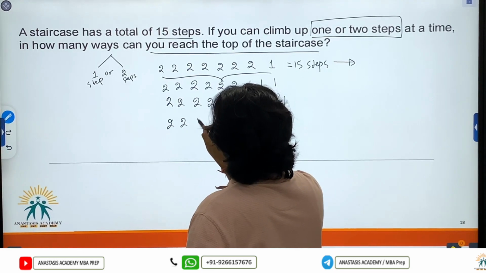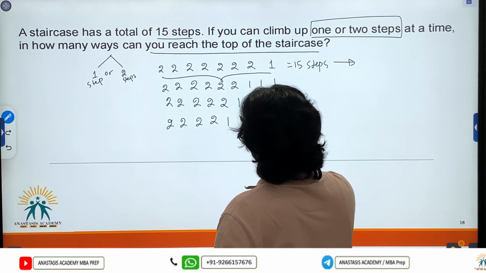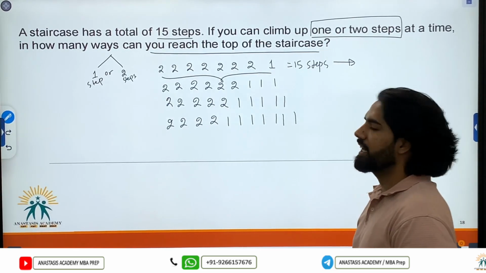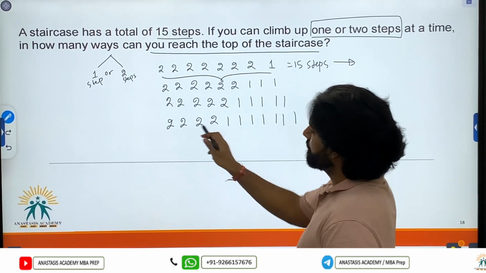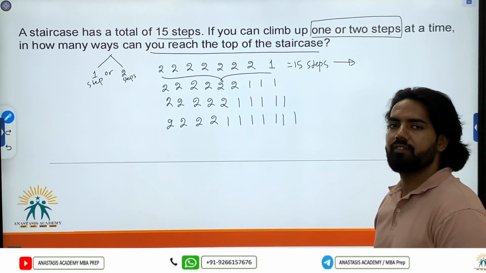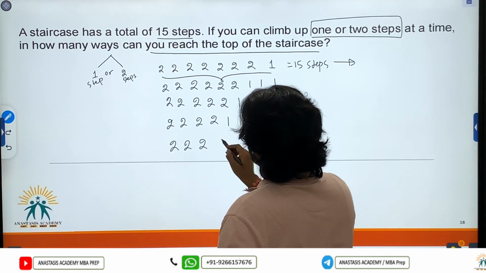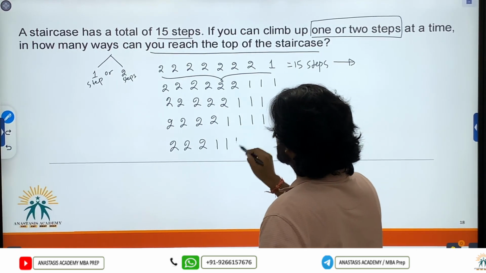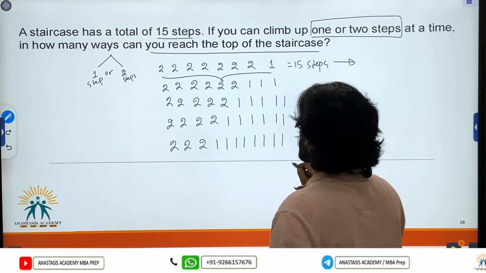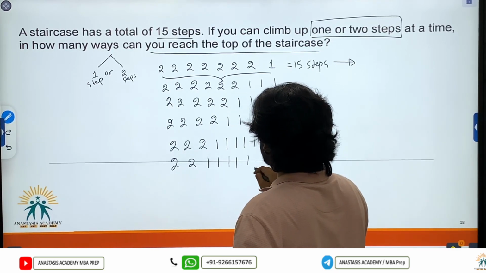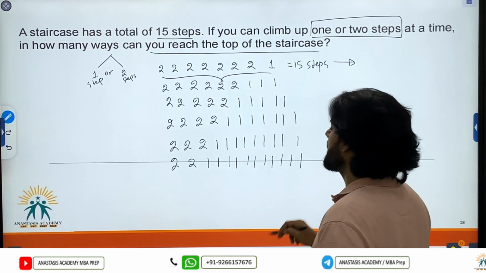I can use 4 twos and 7 ones, right? I can use 7 ones because 4 times 2 is 8, and 7 more makes 15 steps. I can use 3 twos and 9 ones. I can use 2 twos and 11 ones.